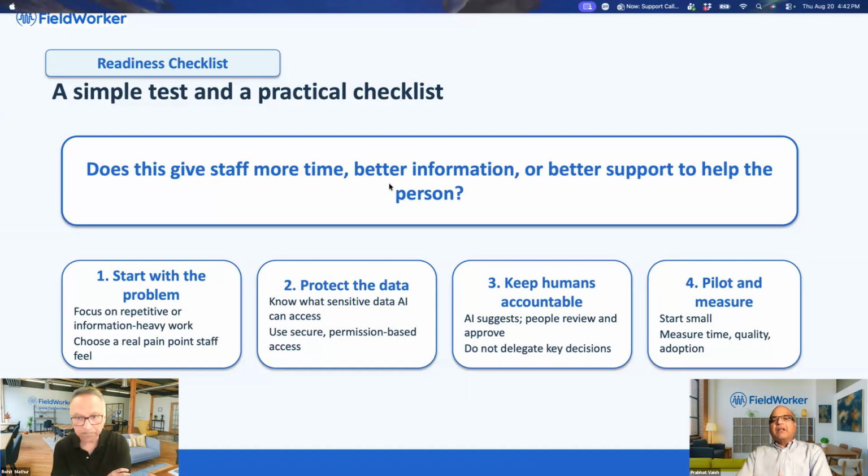Your note should be specific to that individual. What are that individual's immediate needs? How did the earlier shift go? We are using AI there to write you a better handover note, for example. So keep the person in mind, not have the AI do generic things, but be very specific, with all the guardrails and data silos so that the data is never exposed to anyone outside the FieldWorker platform.